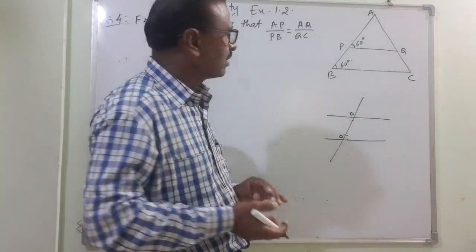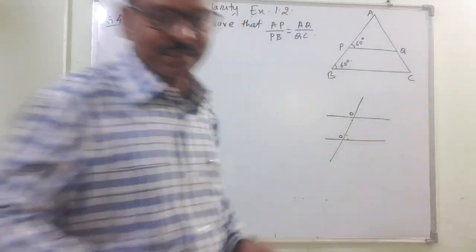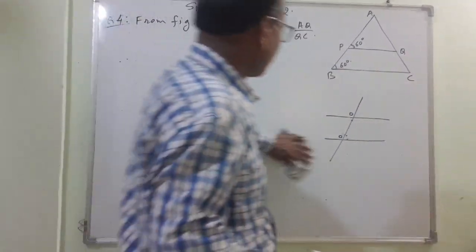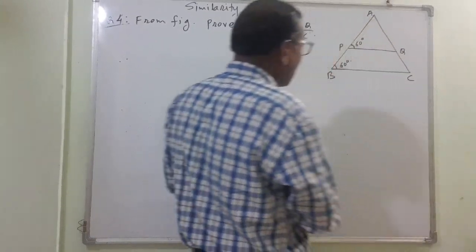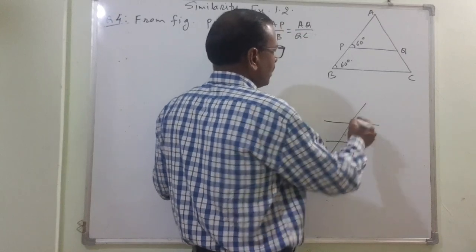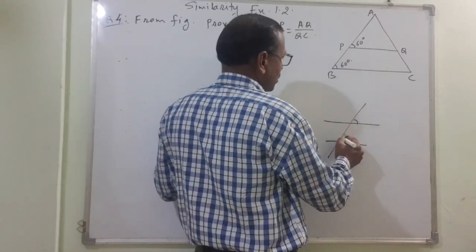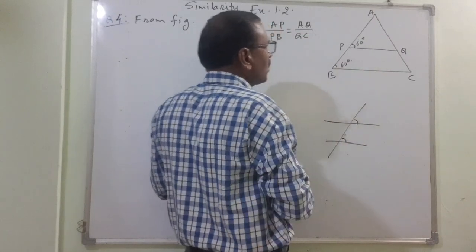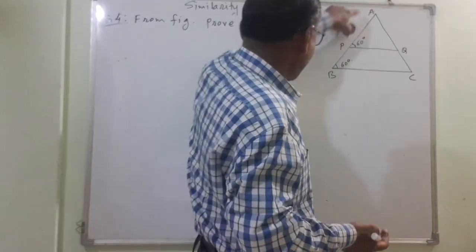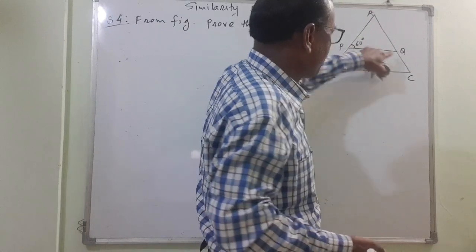That way, here also it is the same case. They are the corresponding angles. See how they are corresponding angles. This is an upper angle. This is also an upper angle. So AB is the transversal of PQ and BC.